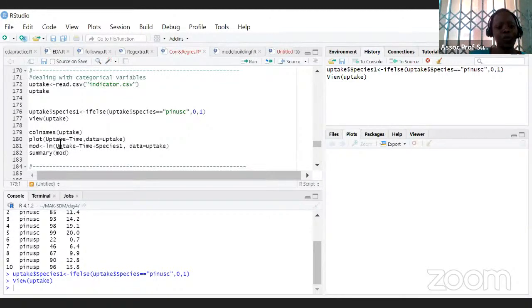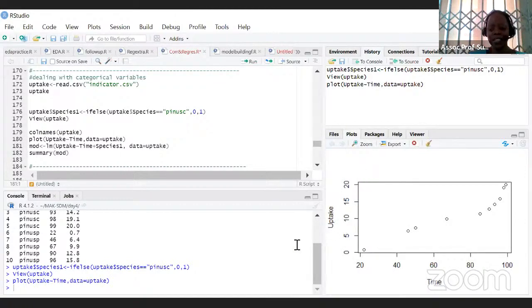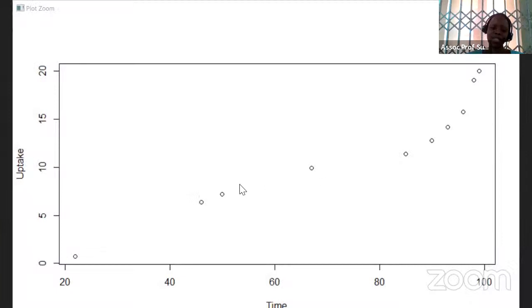Okay, so we want to plot the data, uptake as a function of time. That is line 180. So if we run, we see that if we look at the plot, let me zoom in and share. So this is our data set. You see that there are two bands or two groups.